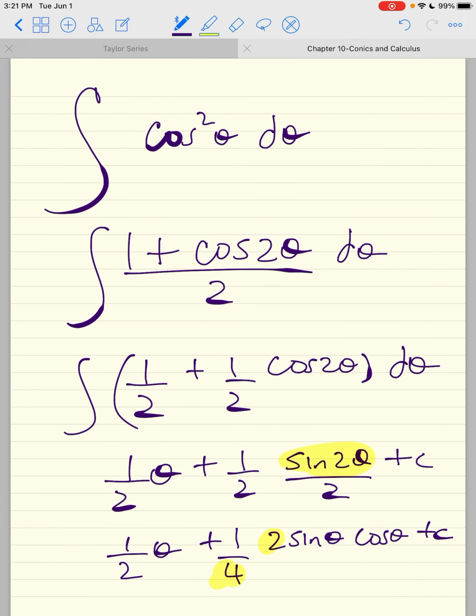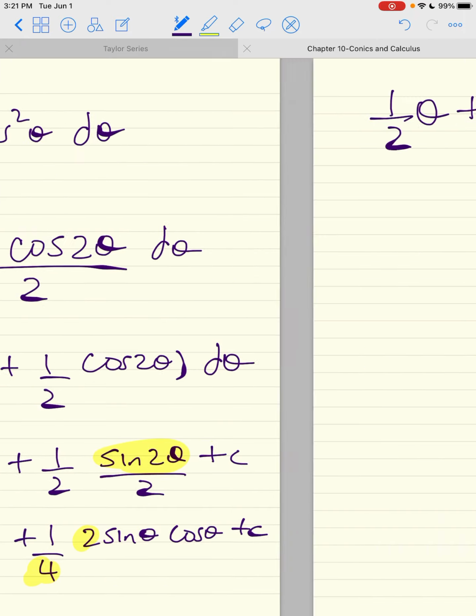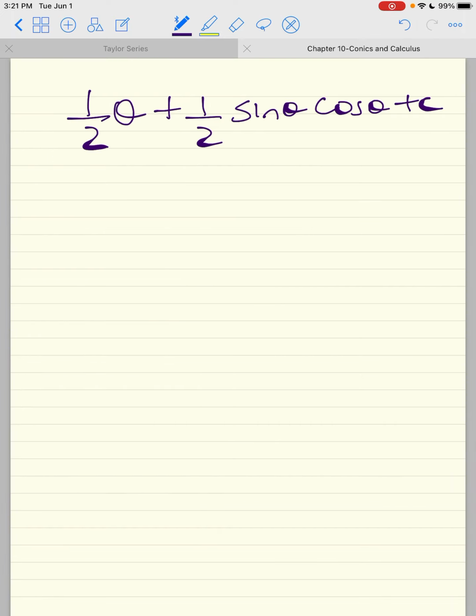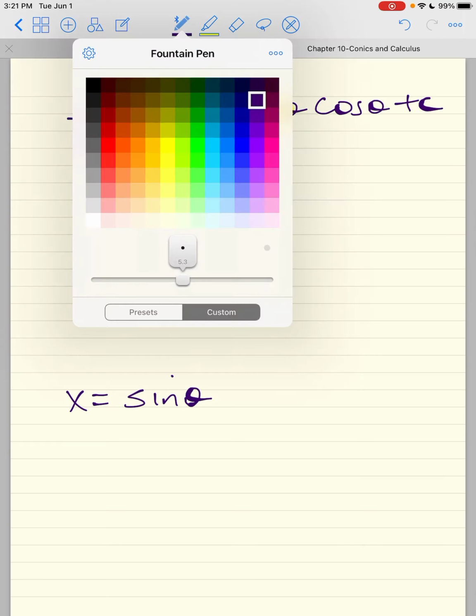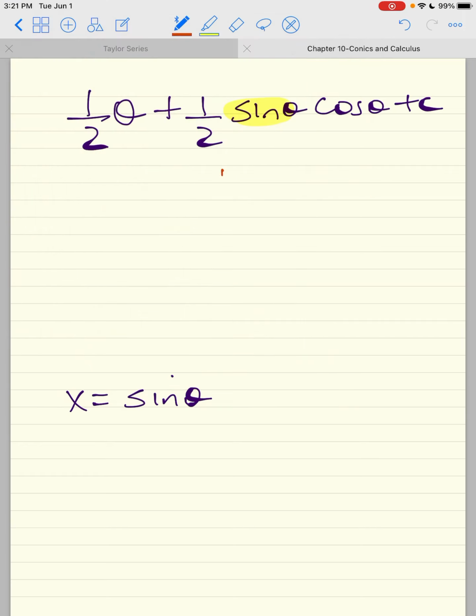Now, basically we are done, but the only problem is that we started off with x's. So in the beginning, I let x equal sine theta. So I can do this part really quickly because that's just x.